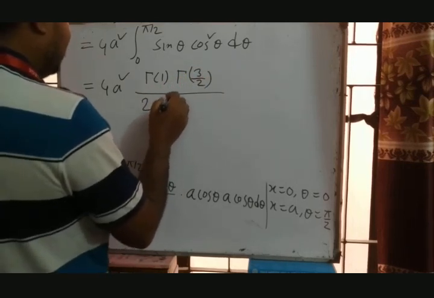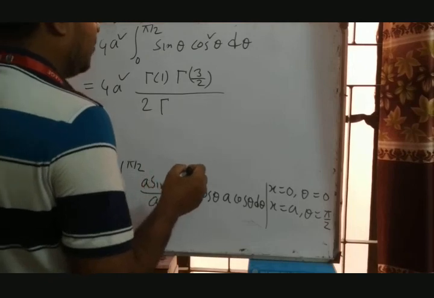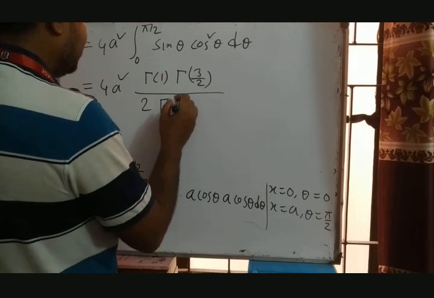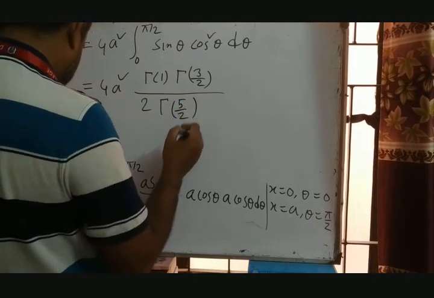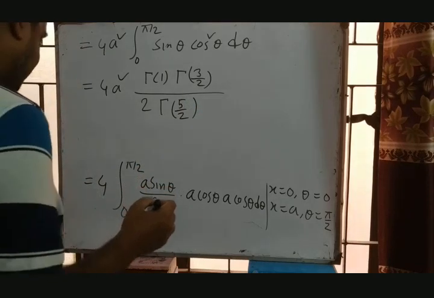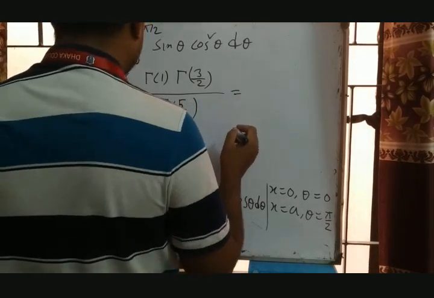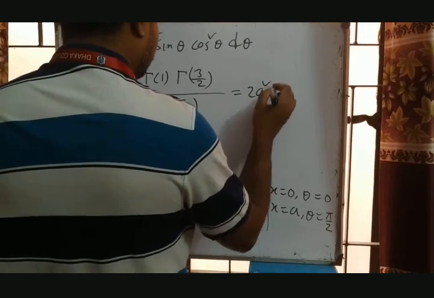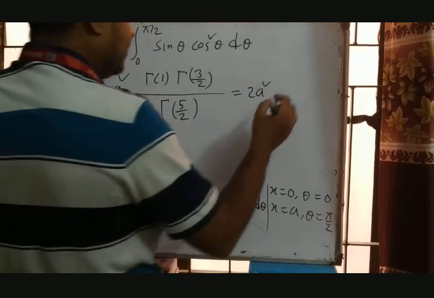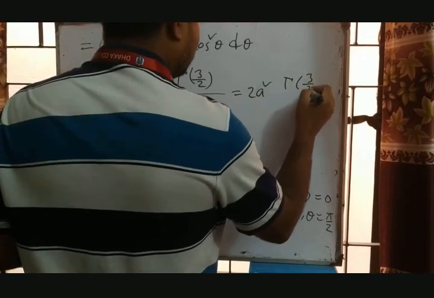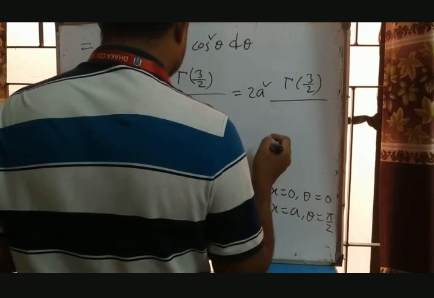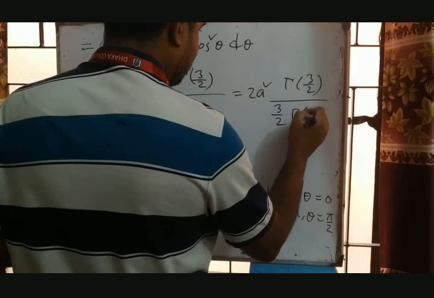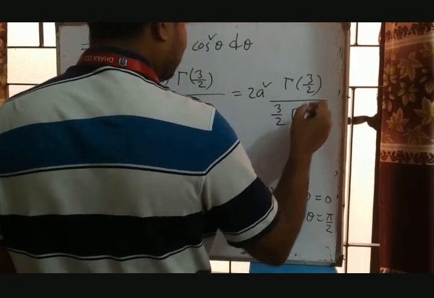This is 2 into gamma p plus q plus 2 by 2, that means 1 plus 2 plus 2, that means 5 by 2, which is equal to 2a square, gamma 1 means 1, gamma 3 by 2 remains in this form, and gamma 5 by 2 can be written as 3 by 2 gamma 3 by 2.